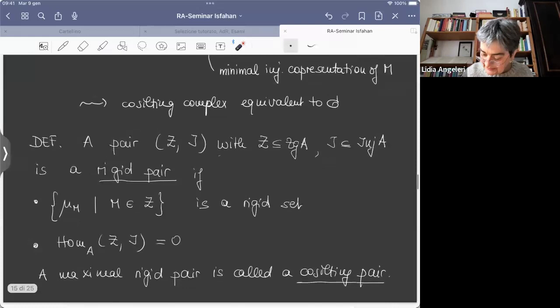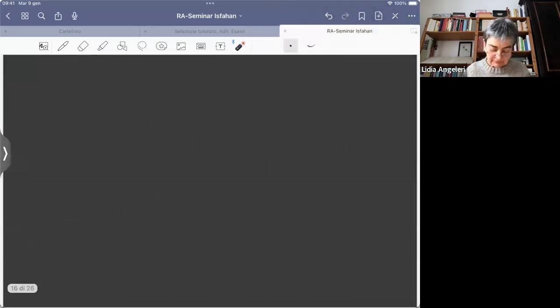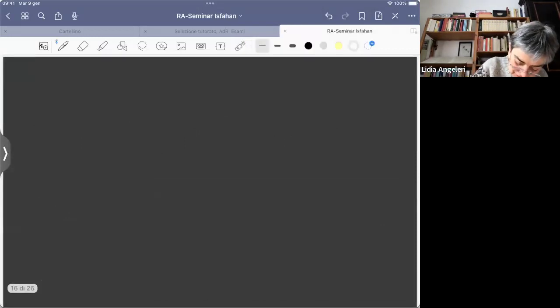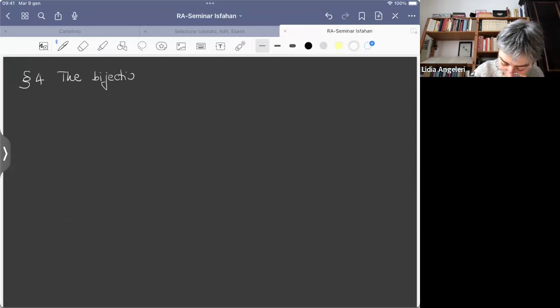Yeah, so now we can look at the bijections that I was stating before. So, back to the first statement in the theorem.